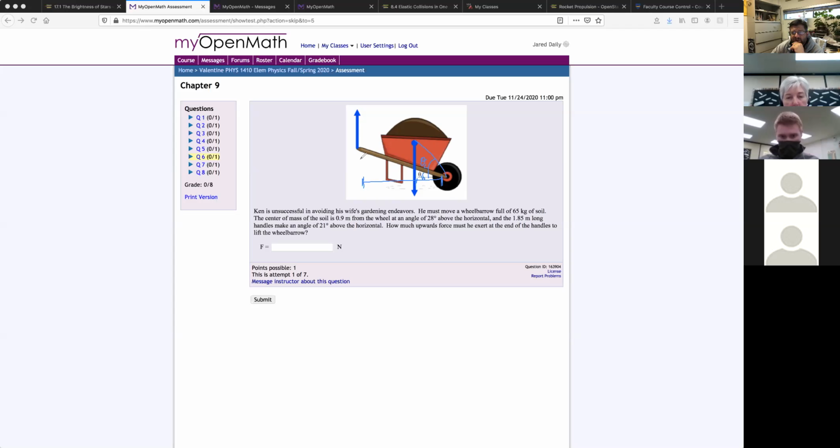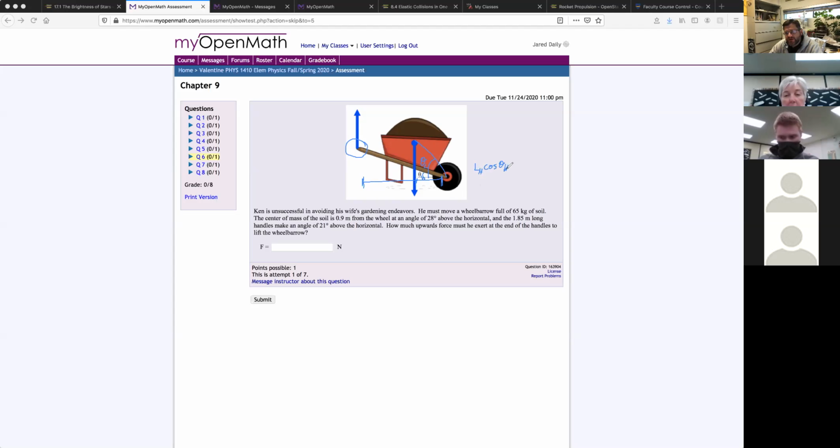So the amount of force that you're putting in is this one. And so this one would be your length in, and that would be equal to the length of the handle times cosine theta handle.